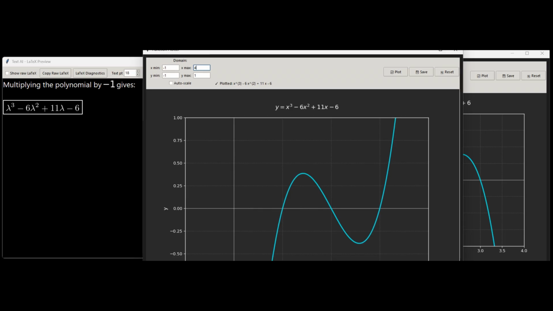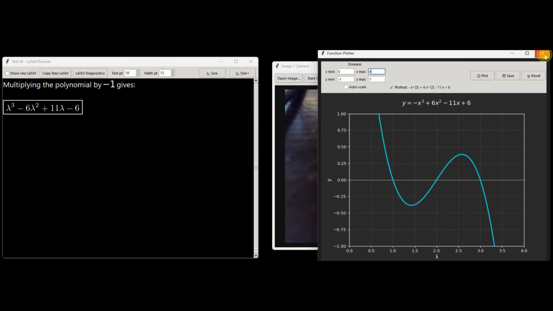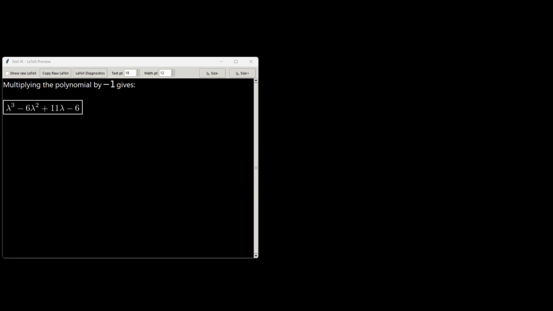So let's try some other examples. Integrate x log x. The integral of x natural log x is boxed x squared over 2 natural log x minus x squared over 4 plus c. Graph that.